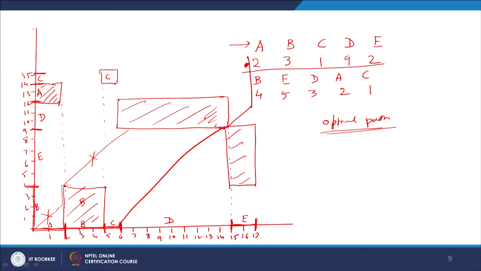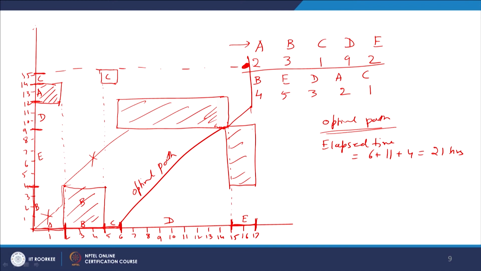So, this is the finish, this point is the finish, and you will find that this is the optimal path. And I can just share with you how we get the elapsed time. So, the elapsed time is given by 6 plus 11 plus 4, which is 21 hours, okay.